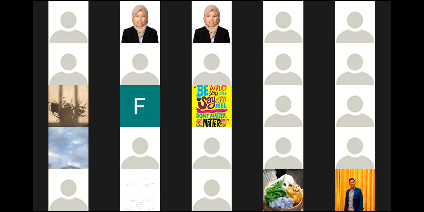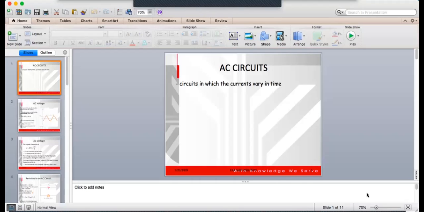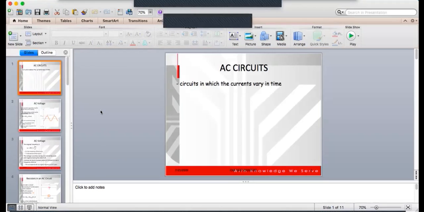Characteristic of RC circuit. Okay, let's continue with AC circuit.